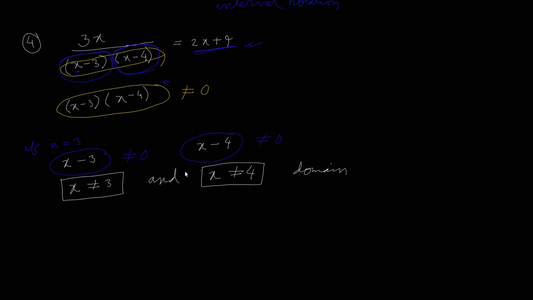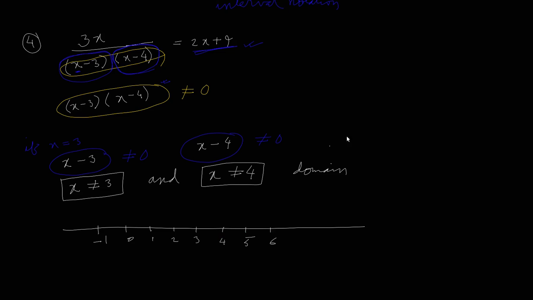Of course I can express this domain in that fashion, but again let's try to express the domain using a number line, because that is actually better. So this is 0, this is -1, this is 1, 2, 3, 4, 5, 6, on and on.